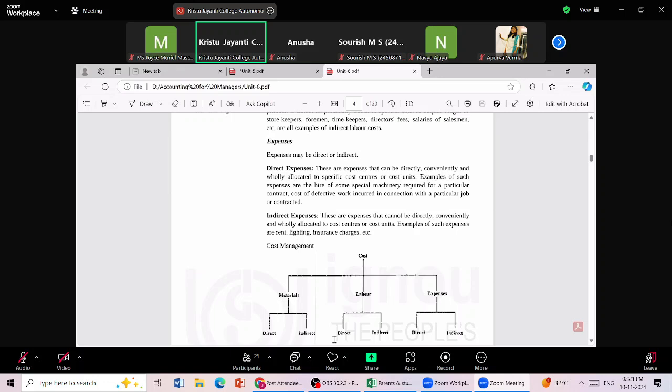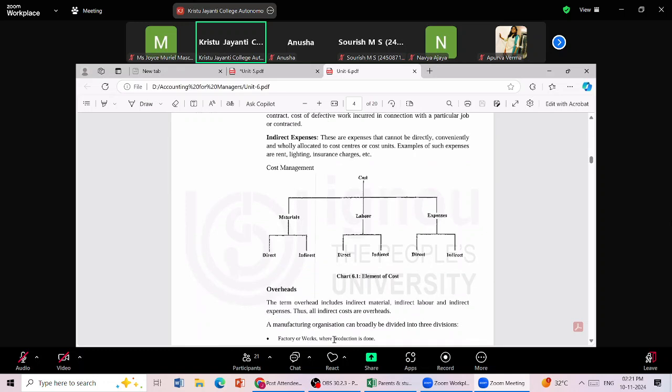One good example: you are manufacturing a product, so you need the light in the company or in the factory. The lighting charge is an expense, but it is not a direct expense, it is an indirect expense.